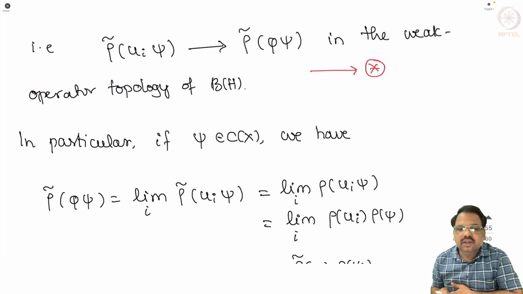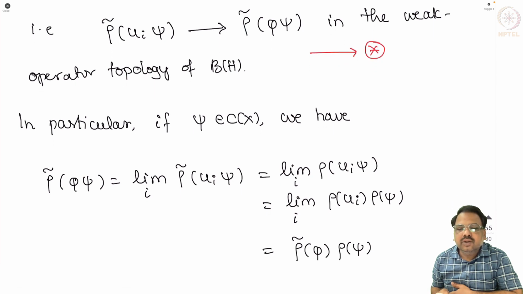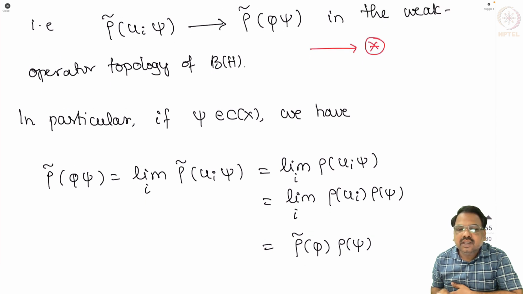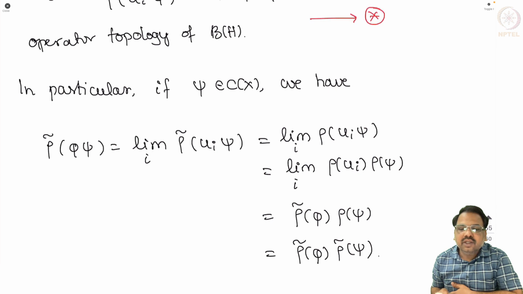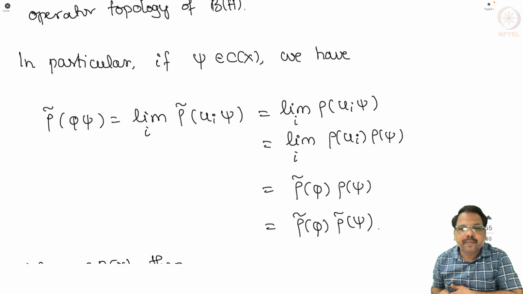That can be written as the limit over i of ρ(u_i) ρ(ψ), because ρ is a representation on C(X). Now we know that ρ(u_i) converges to ρ̃(φ), and ρ(ψ) can be written as ρ̃(ψ), because ρ and ρ̃ are the same on the space of all continuous functions. So what we have shown is that ρ̃(φψ) is nothing but ρ̃(φ) ρ̃(ψ), where φ is coming from B(X) and ψ is coming from C(X).